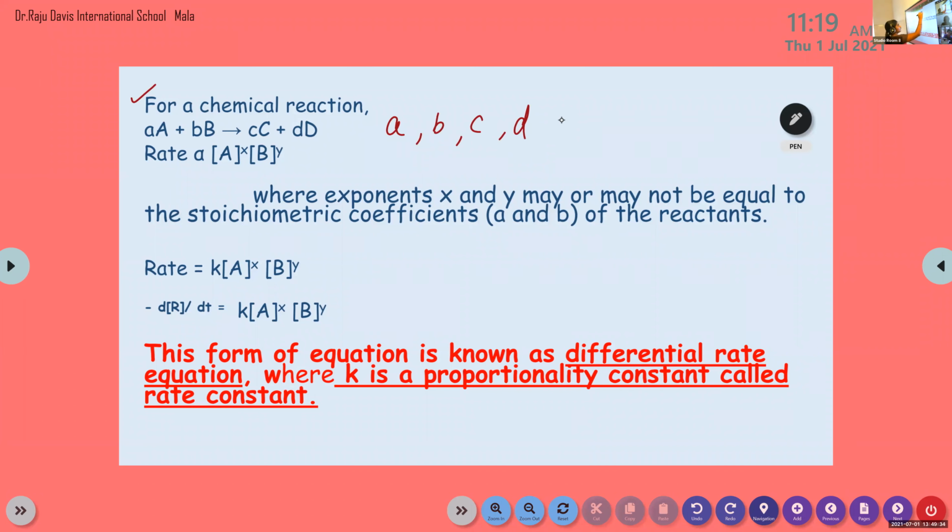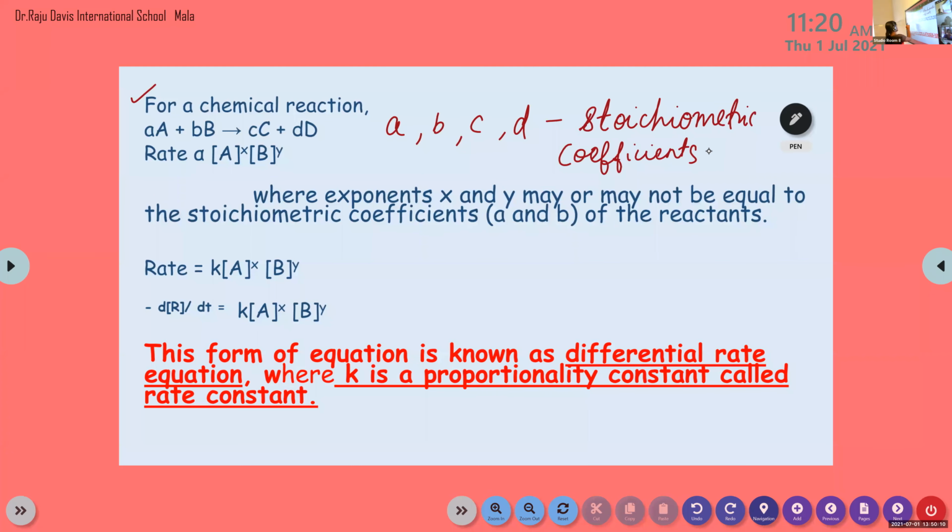These are the stoichiometric coefficients.